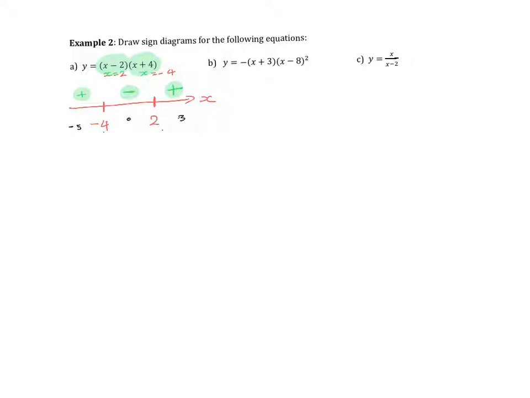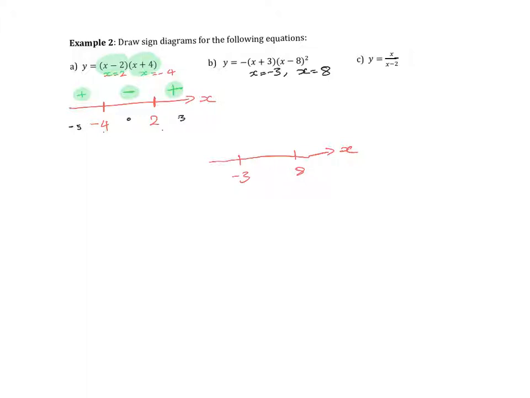Now for B, here's our sign diagram. Once again, we get the x-intercepts of -3 and +8. So let's put them in. -3 and +8. Now, take a moment, have a think. What do you expect to happen? Where do you expect us to change sign, and where do you expect us to stay the same sign?